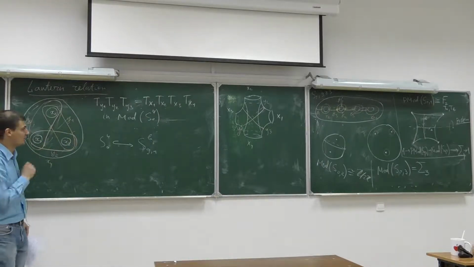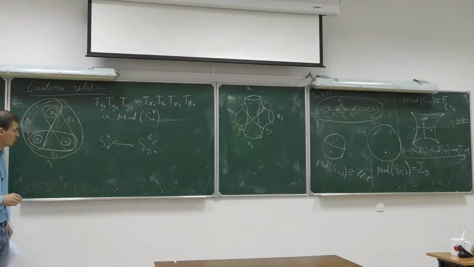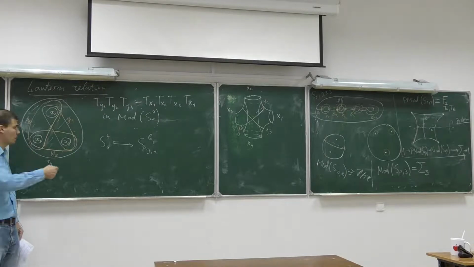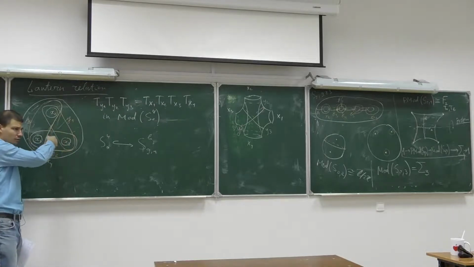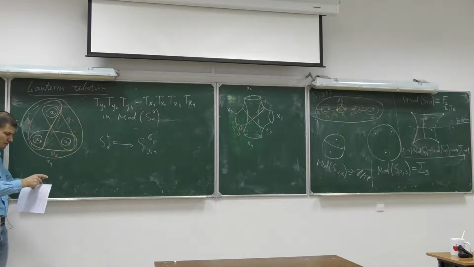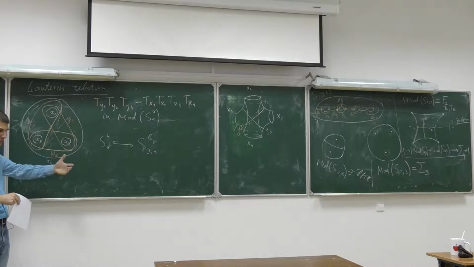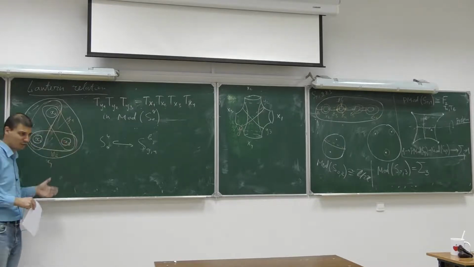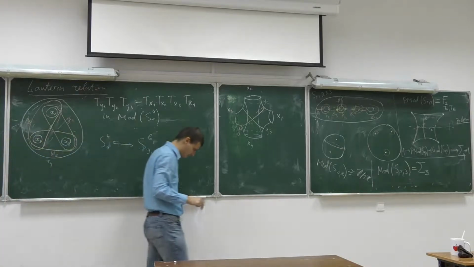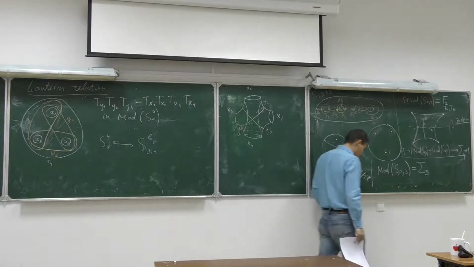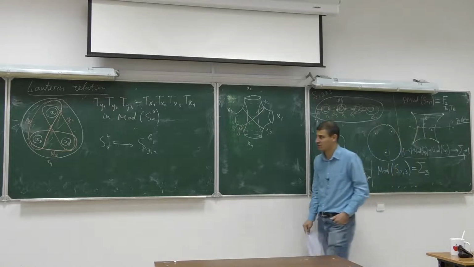Okay, this relation is very useful. Often the first non-trivial case is when we have geometric intersection index 2 and algebraic intersection index 0.